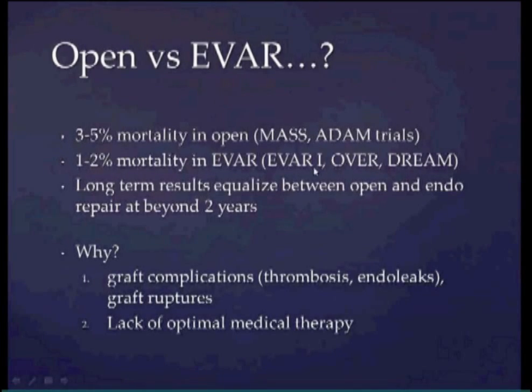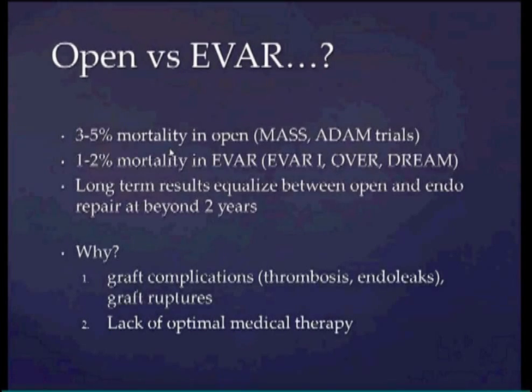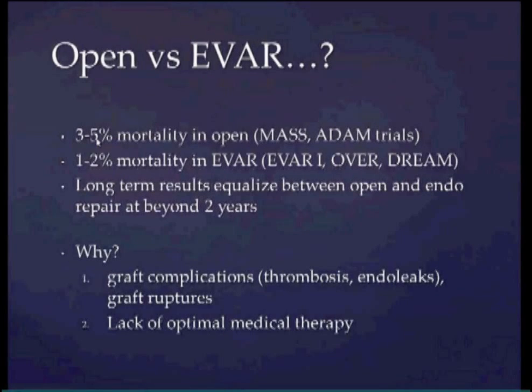These trials, ADAM and MASS, were about open surgeries, and EVAR 1, OVER, and DREAM trials were about EVAR. And what I'm showing here is that between 3 and 5% mortality was the result of surgery as compared to 1 to 2% mortality rates after EVARs.